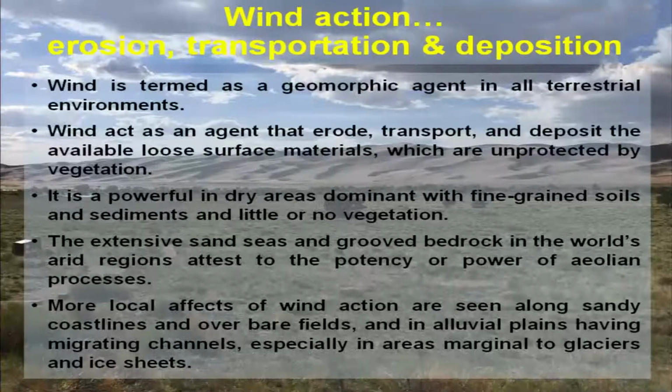More local effects of wind action are seen along sandy coastlines, over barren fields and in alluvial plains. If we consider this in context with India, we will be able to pick up the wind action and the aeolian landscape, though it may not be in complete desert.